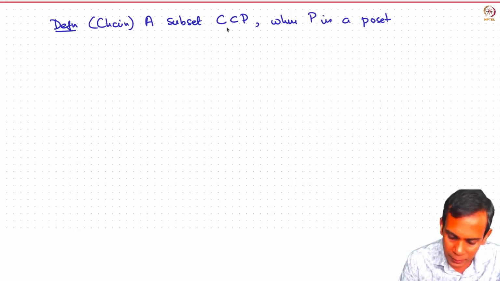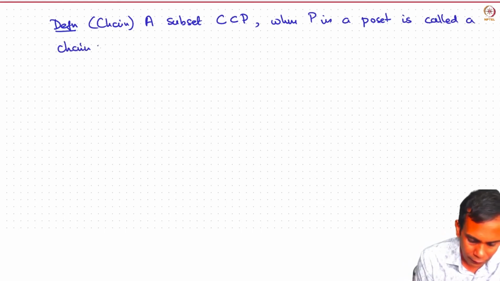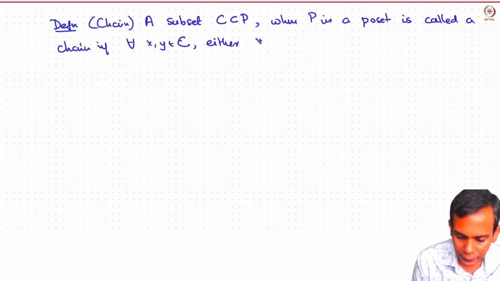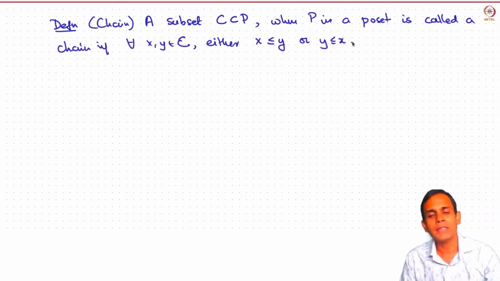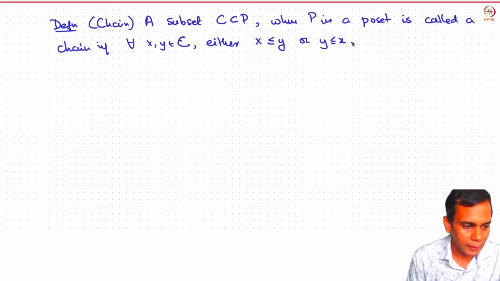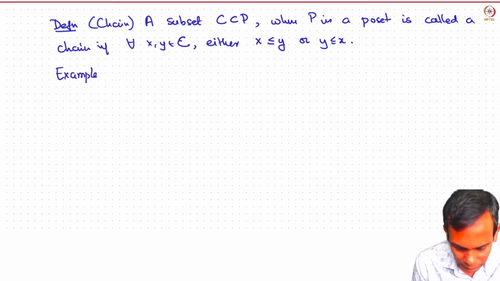A subset of a poset is called a chain if for all x and y in C, either x is less than or equal to y, or y is less than or equal to x. So what we are saying is that when you take the partial order and restrict it to C, then you get a total order.